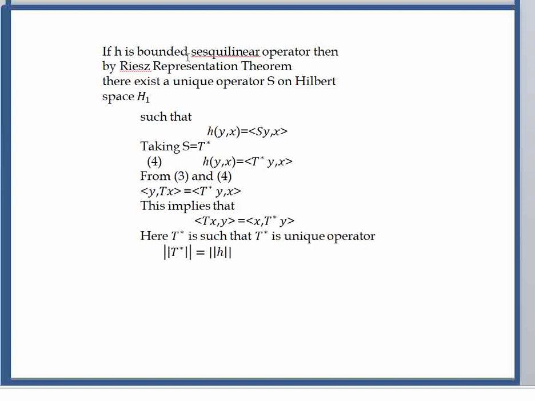Now if h is a bounded sesquilinear form, then by the Riesz representation theorem, there exists a unique operator S on the Hilbert space H1. We have seen the statement of this theorem. Here we are taking S equal to T star. We replace S with T star from 3 and 4.